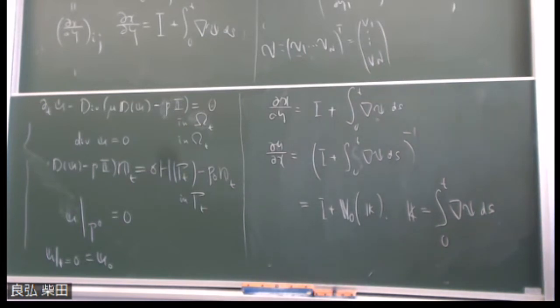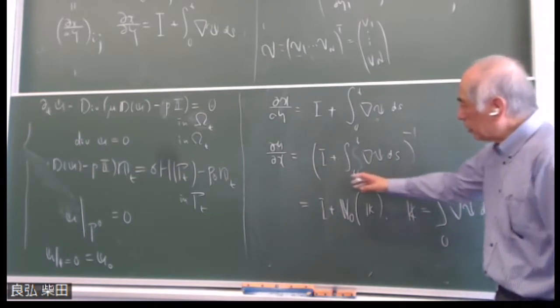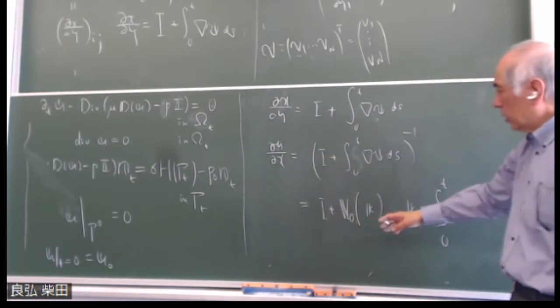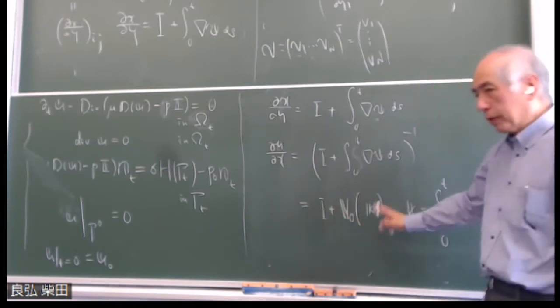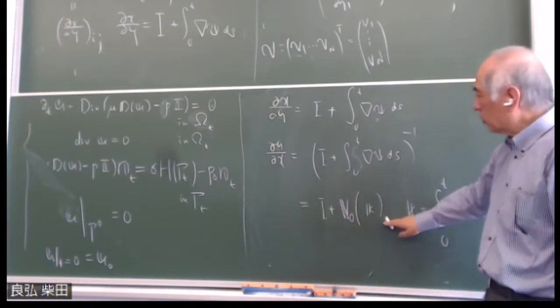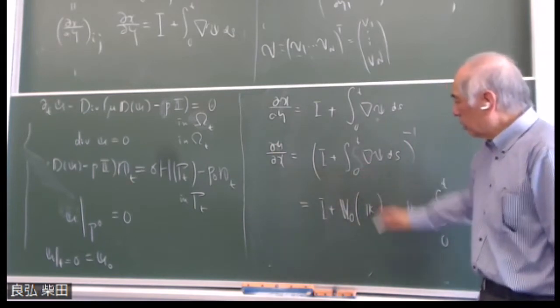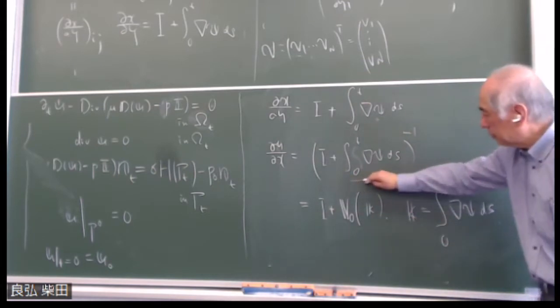So from now on, I want to write dy over dx equal to the identity matrix plus B0 of K, where this part is an analytic function of K, and K is just this one.